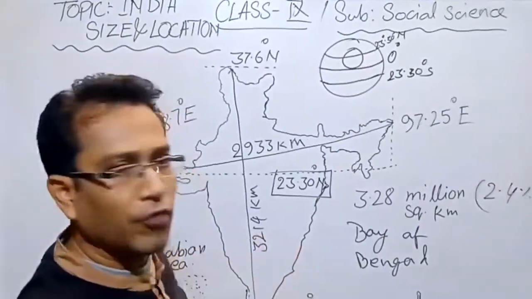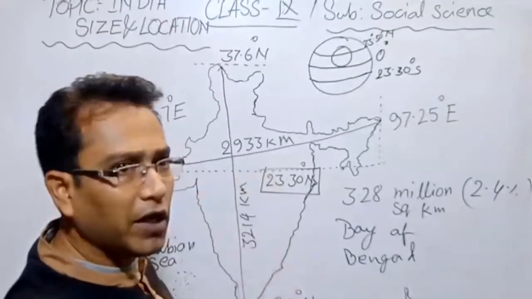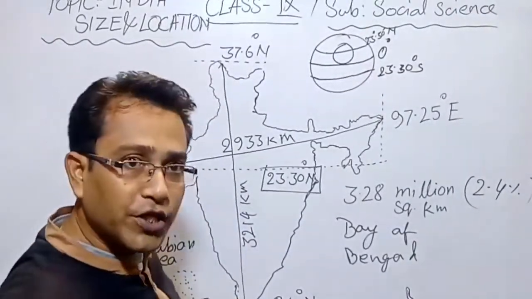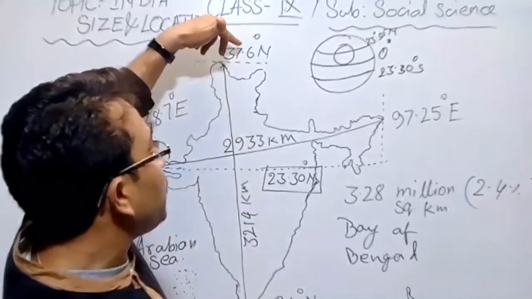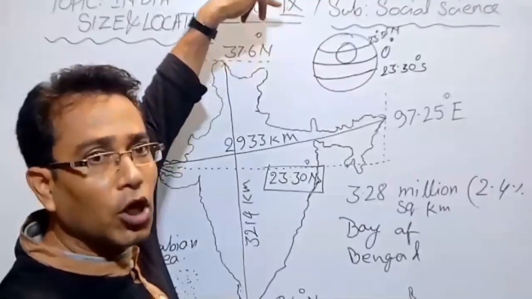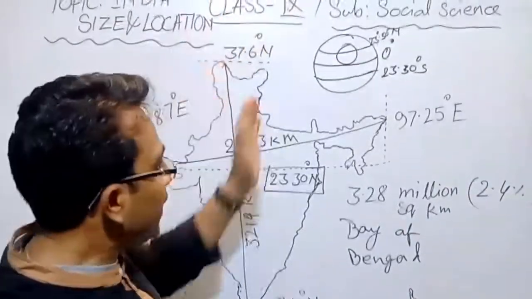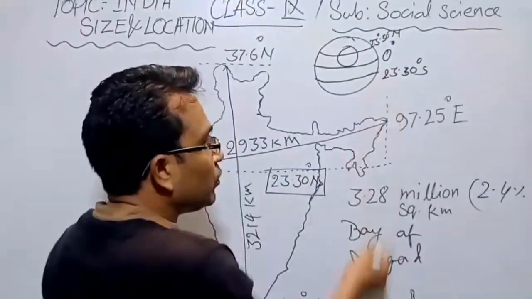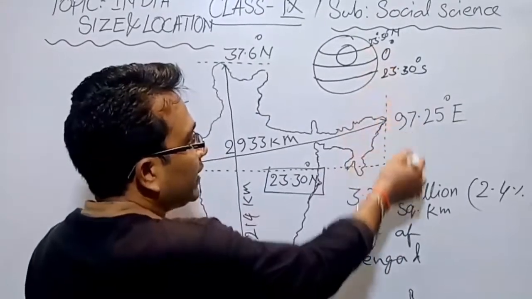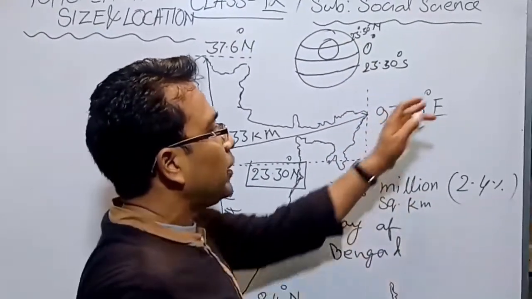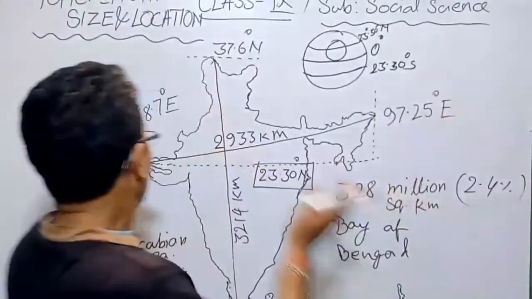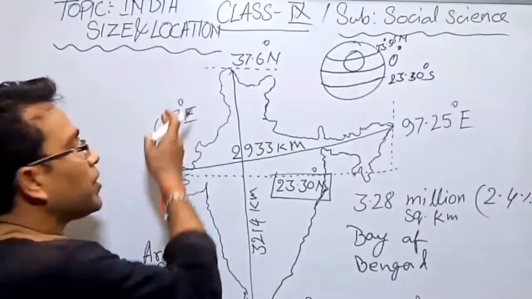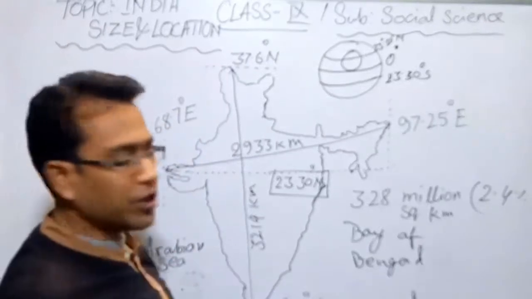The extension of our country, as per latitude, is 8.4 degree north in the south and 37.6 degree north in the north. Similarly, according to longitude, it is 97.25 degree east in the eastern part and 68.7 degree east in the western part.